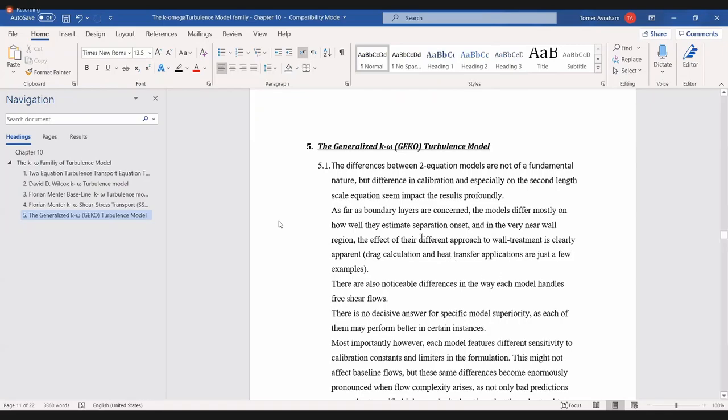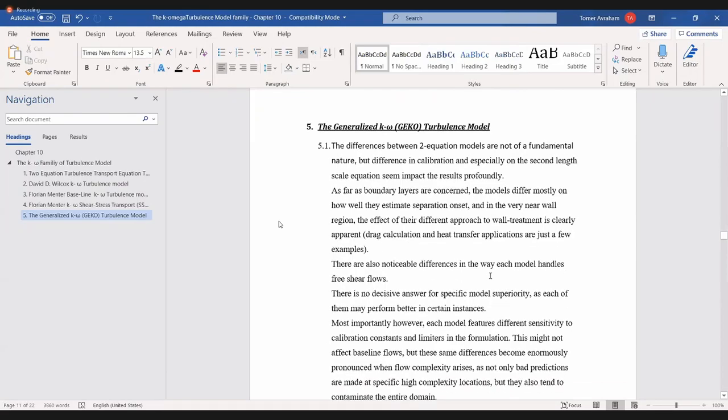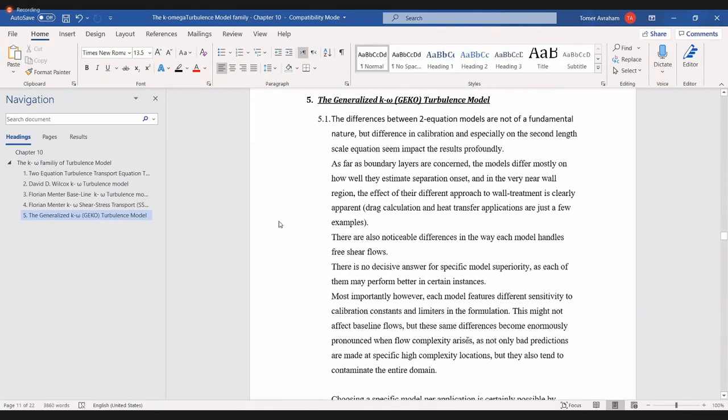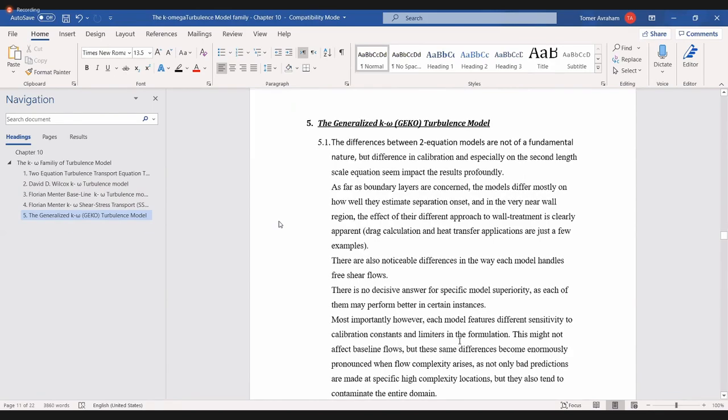So to calculate transition, there was the eN method. You would couple the boundary layer equations, at very high resolution, with the Euler equations, and calculate where transition onset is. That's the best you could do. Suddenly you have a model that can predict transition, it was GE, so it actually started from bypass transition.